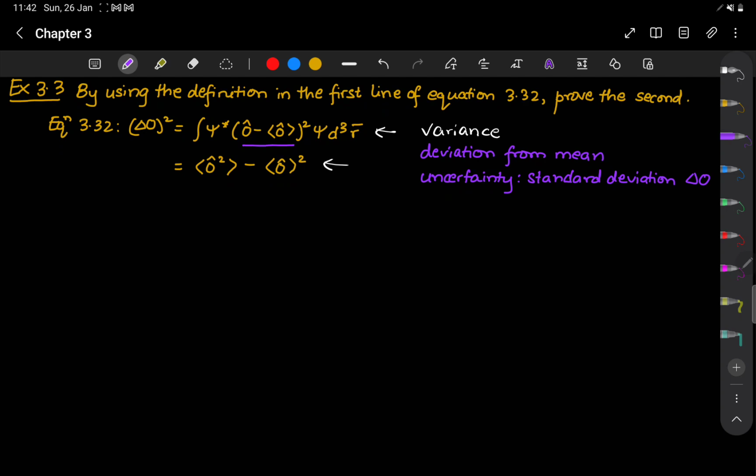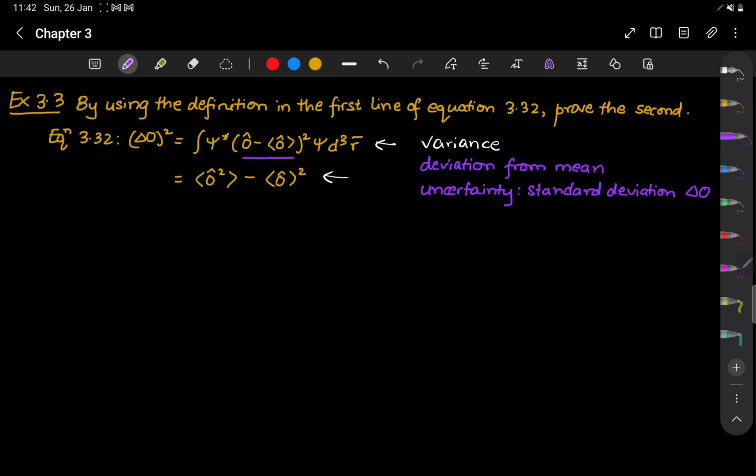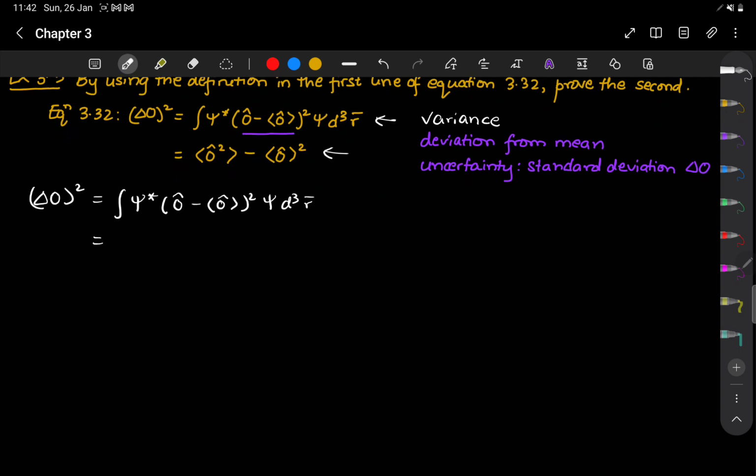So this is what it is. Now we need to prove this definition over here. So let us start. Delta O squared, by definition, is given in the first line. Now let us expand this square using basic algebra.